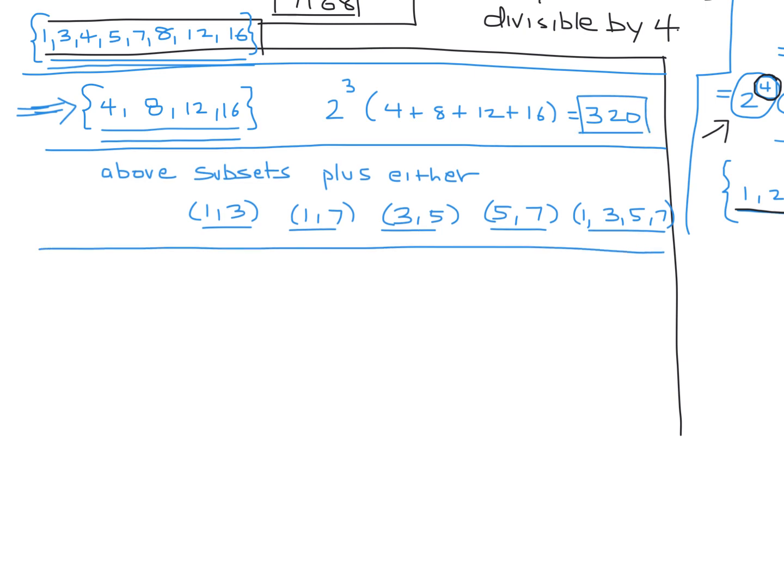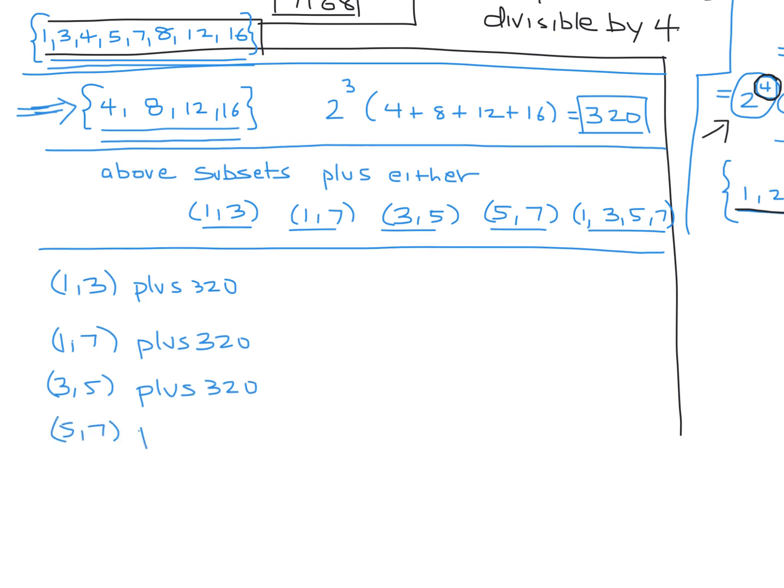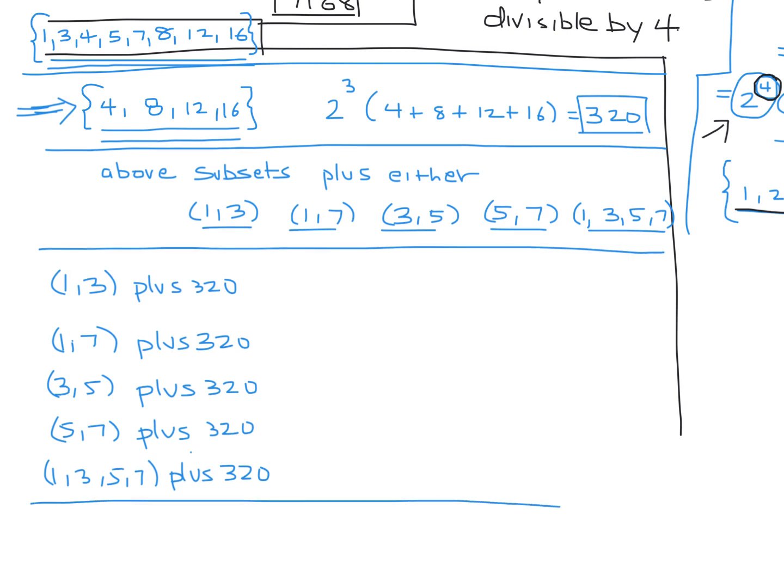So we're going to have to do 1, 3 plus the 320, 1, 7 plus the 320, 3, 5 plus the 320, 5, 7 plus the 320, and then 1, 3, 5, 7 plus the 320. Okay, so let's see what we get, and then we'll add them all up.